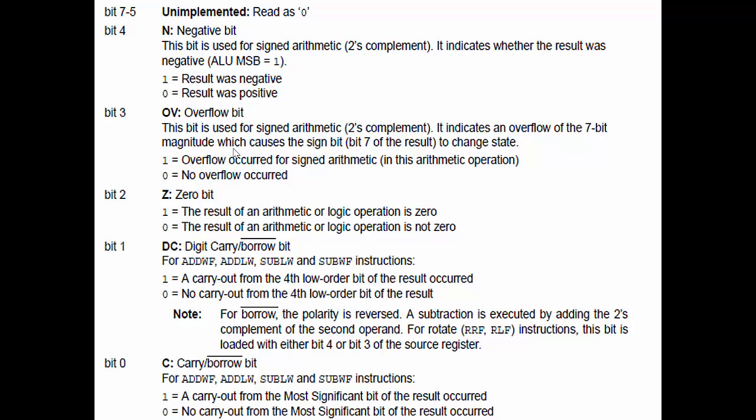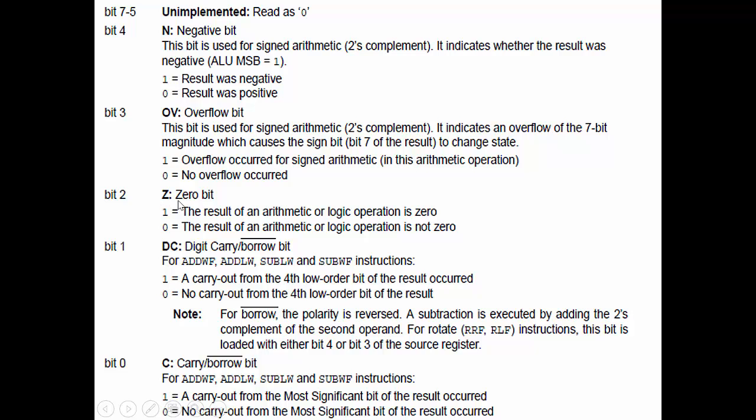So the controller identifies that all the bit operations have been done, starting from bit 0 to bit 7. The arithmetic or logical operation being carried out is completed by the controller. If it is 1, then overflow occurred for signed arithmetic, and if it is 0, no overflow occurred. That is the representation of bit 3, the overflow bit.